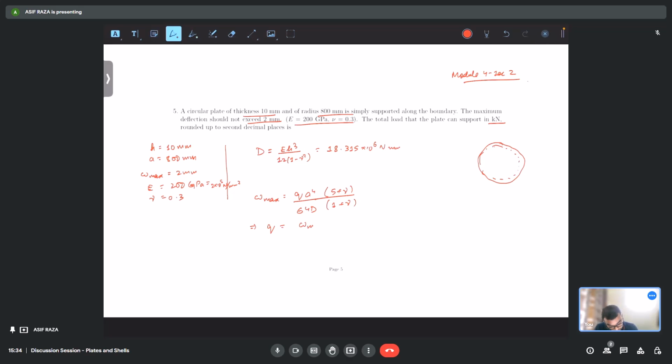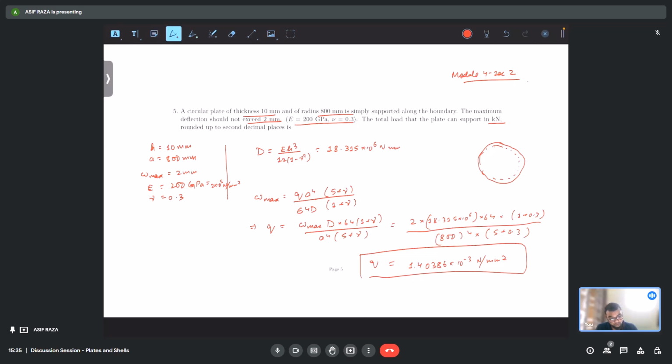Substituting w max as 2, D, 1 plus 0.3, a to the power 4, that is 800, and 5 plus 0.3, and solving this, we'll get the value as 1.40386 × 10^-3 Newton per mm square. This is my q.